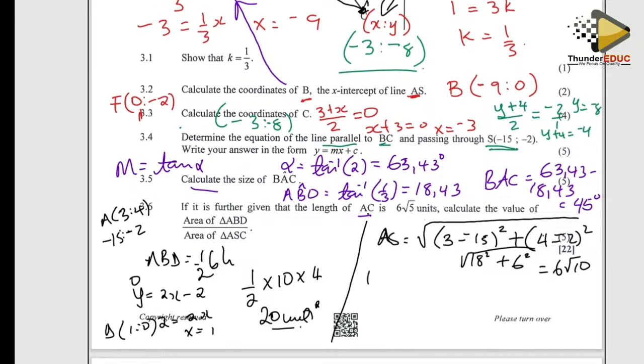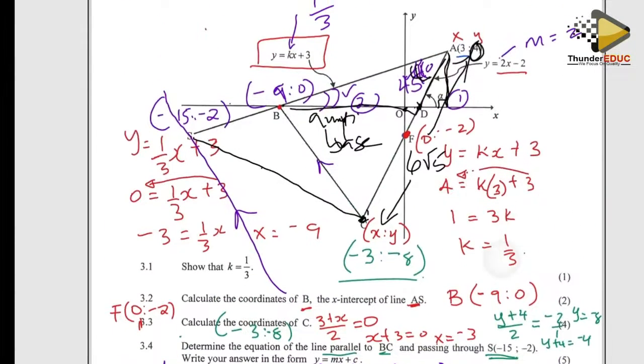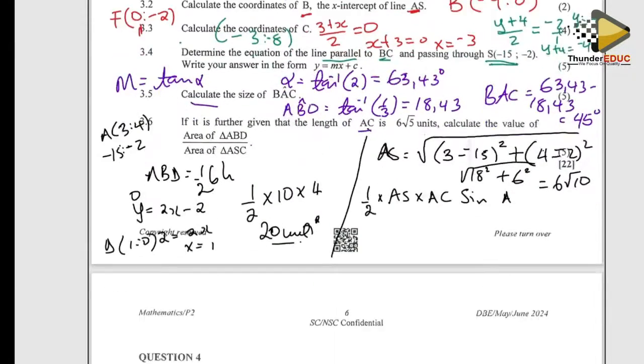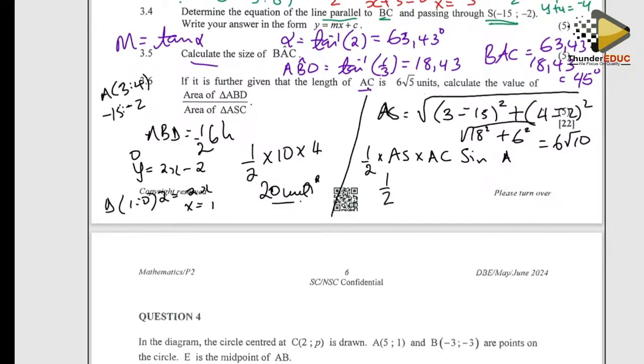Then from the area rule, I'll have a half times AS multiplied by my AC, the sine of A. Okay, so that's going to be a half times the AS, which is 6√10, multiplied by the AC is 6√5, and then the sine of 45. Okay, so when I get these 20 units divided by this, let me simplify this.